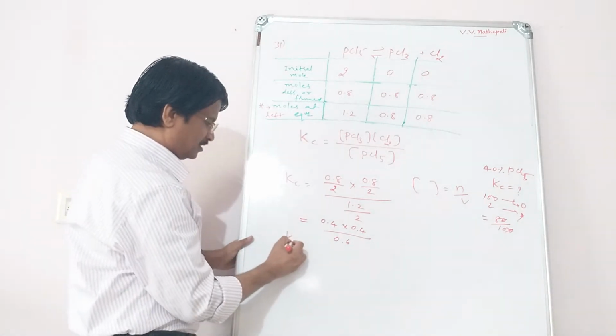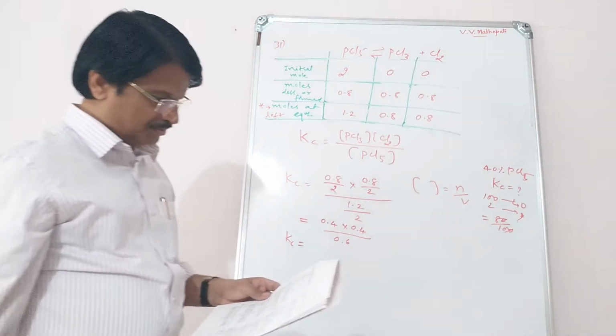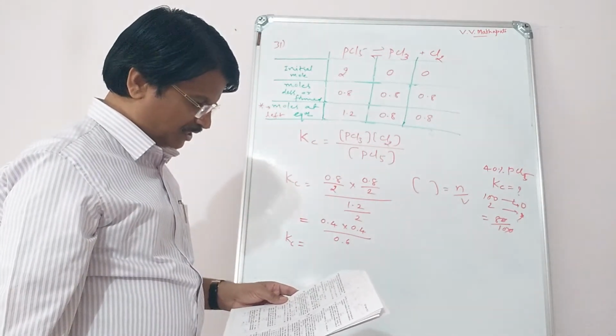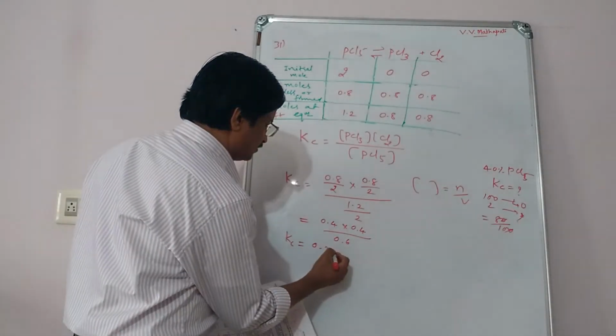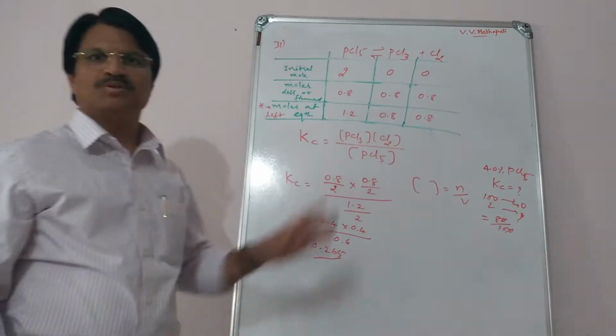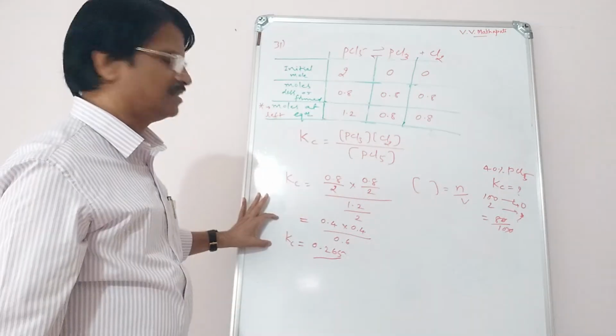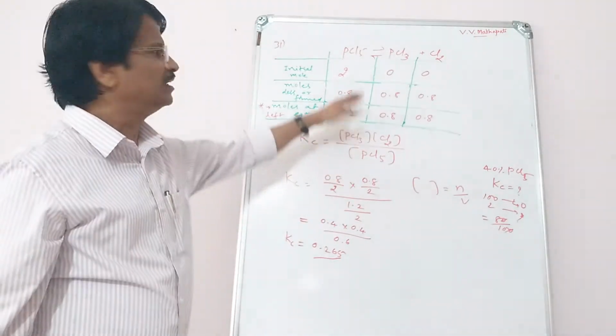So we get the answer Kc. The value you get is 0.265. Over. So in this question I told how to calculate Kc using the table and concentration values. If concentration is directly given, the table is not necessary.